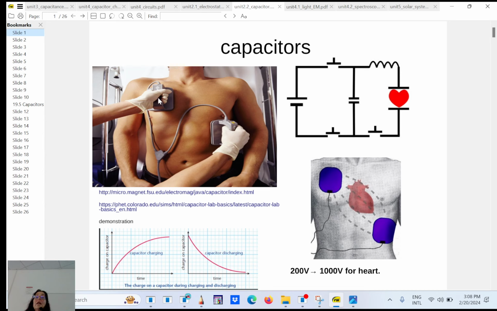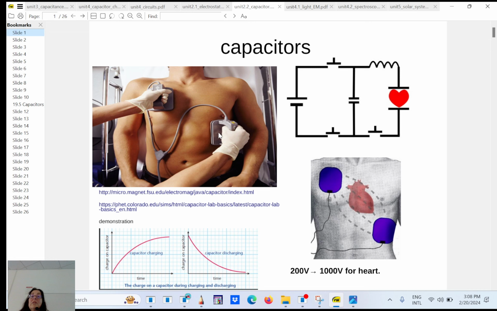So you're going to charge the capacitor to about 200 to 1000 volt. It depends what you need to do. Is it just to resuscitate someone who is almost dead, or is it just to give a little boost in your heart? So it depends on that.